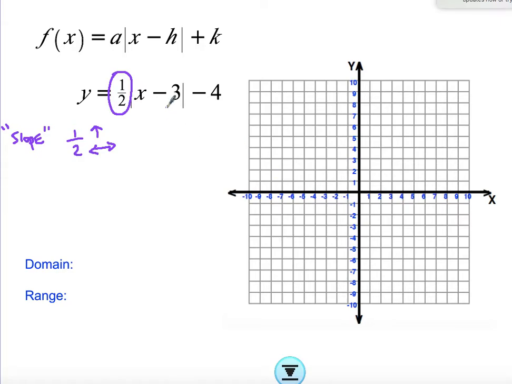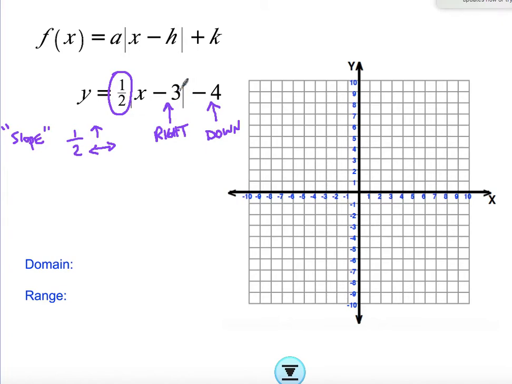And then this minus 3 means that we're going to shift to the right. It's inside the absolute value, so that's your shift left or right, opposite of what you think. So when you see a minus, it's actually to the right. And then when it's outside of the absolute value, that's your shift up or down. And since it's a minus, it's going to go down.